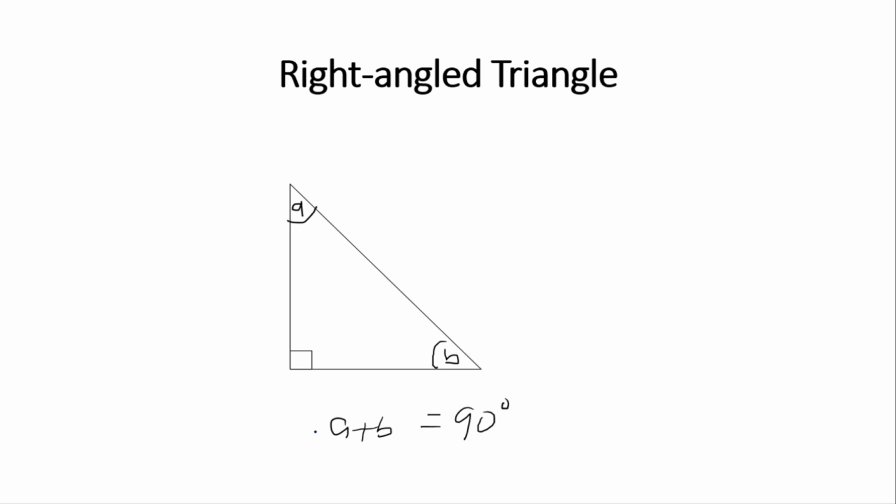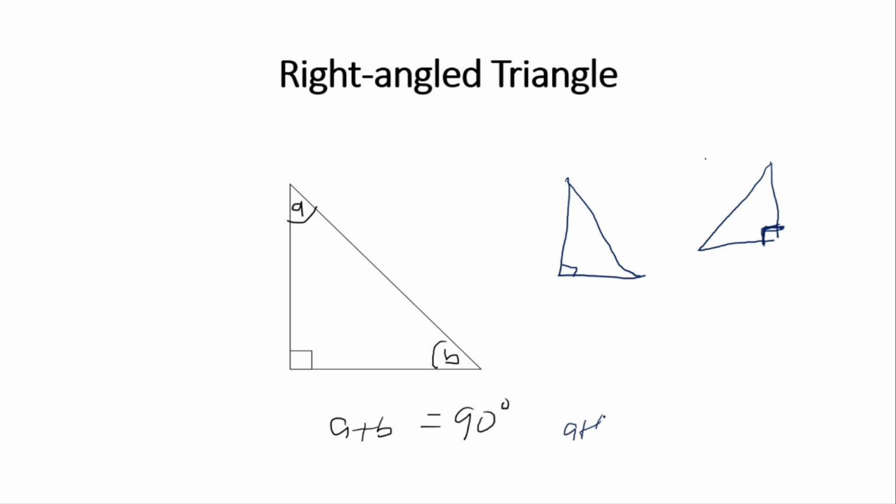A right angle triangle is a triangle that has one of its interior angles to be 90 degrees. So anytime you have a triangle and one of its interior angles is 90 degrees, then of course that is a right angle triangle, usually denoted by this sign, which implies the angle there is 90 degrees. Now, if you have that special type of triangle, then you should know the other two remaining interior angles, in this case A and B, sum up to 90 degrees.